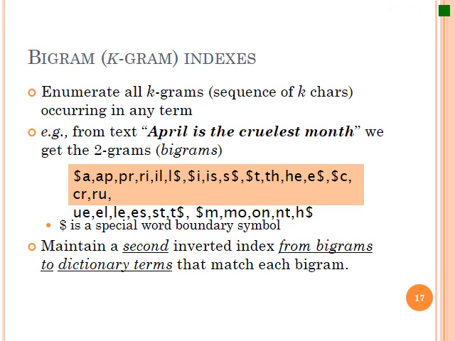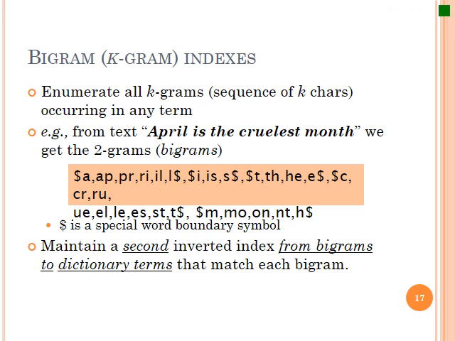For example, for the text "April is the cruelest month," we can get the bigrams like this. The dollar sign indicates the boundary, the start and the end, of a word. So you would get $A, AP, PR, RI, and so on.